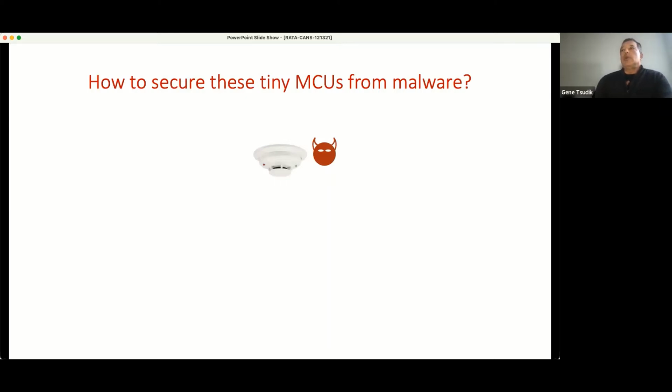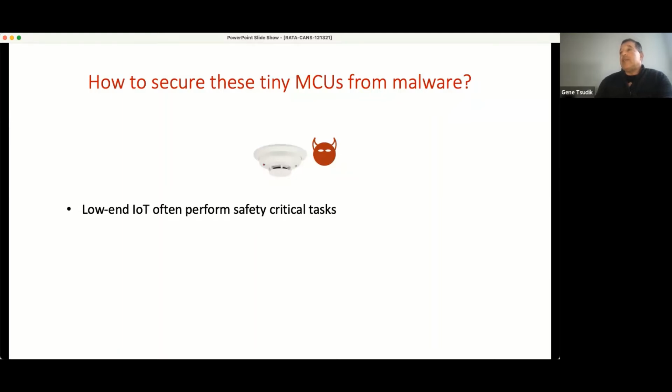So how do we secure these tiny devices, or rather these MCUs, from malware? Because rest assured, they can be and already have been subject to successful malware attacks.